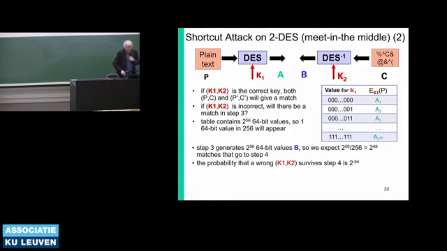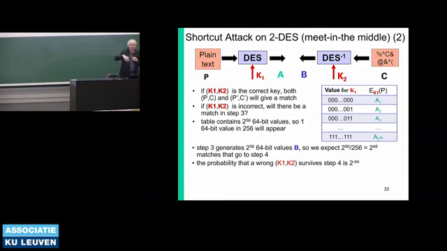Because you get 2 to the 48 candidates: you have 2 to the 56 values of K2, and in 1 in 2 to the 8 cases, this B value will be in the table. Then you have to test whether they also match P prime, C prime, and only about 1 in 2 to the 64 will remain. Why?